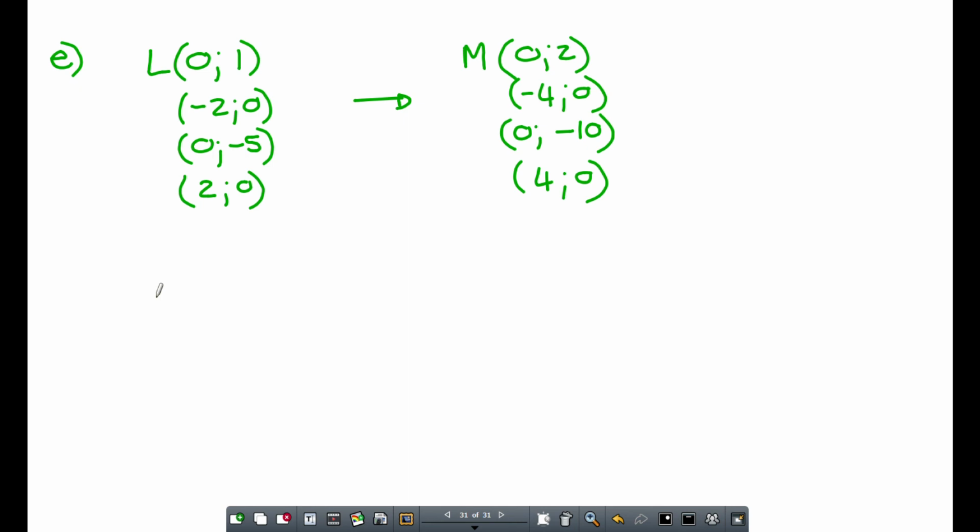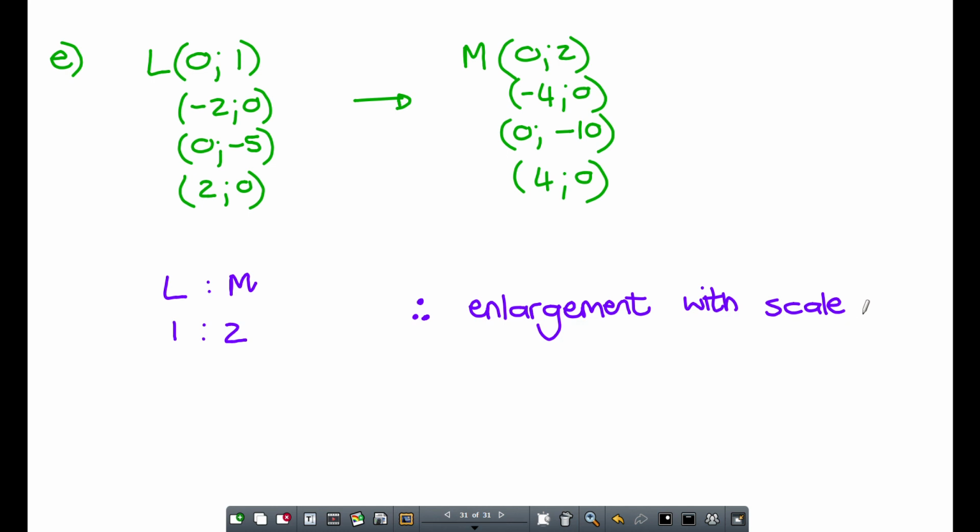Okay. So if I were to go and say L to M, it would be an enlargement with scale factor 2.